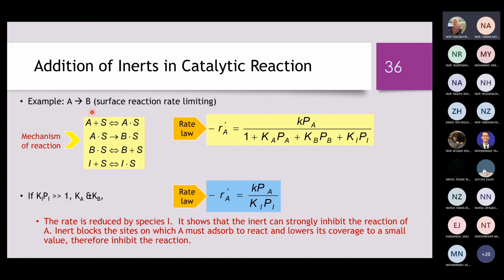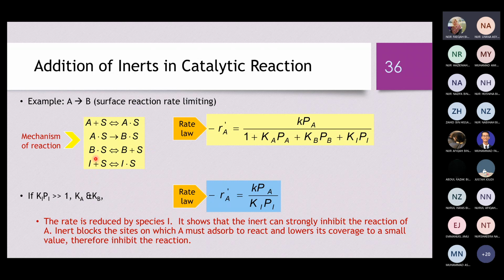So that's why this is the adsorption step, followed with the surface reaction step where the product forms, and then desorption of the product from the active site and leaves the vacant site.